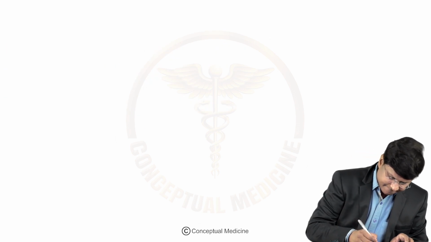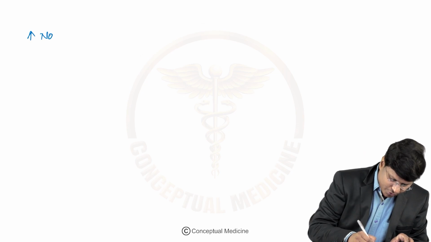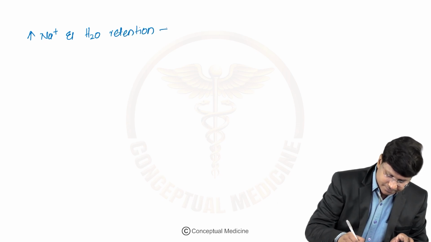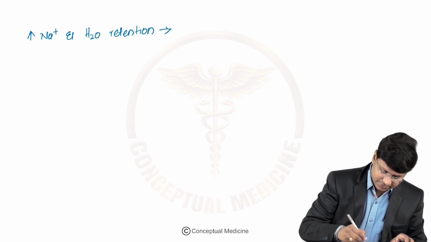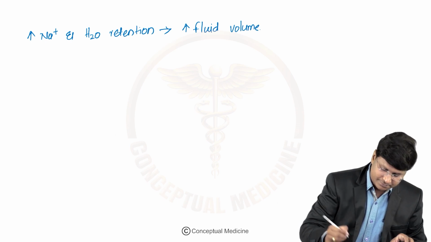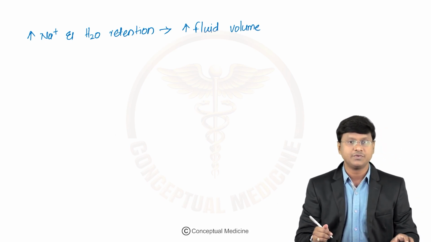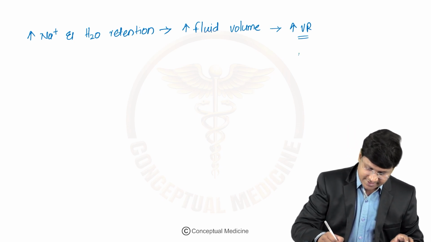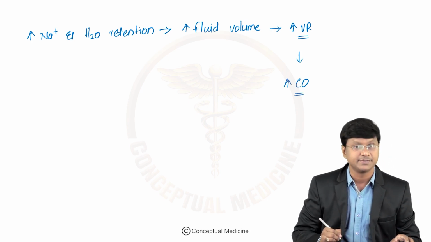Now, so you see here, whenever there is increased sodium and water retention secondary to hyperaldosteronism, there will be increased fluid volume within the body, and subsequently what will happen, there will be increase in the venous return, and once there is increase in the venous return, subsequently there will be also increase in the cardiac output of the individual.